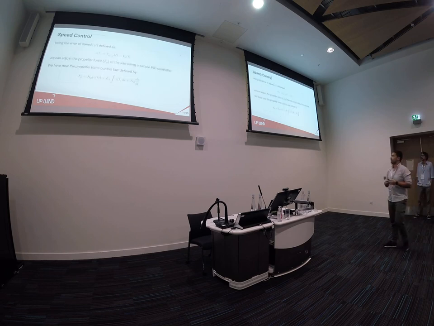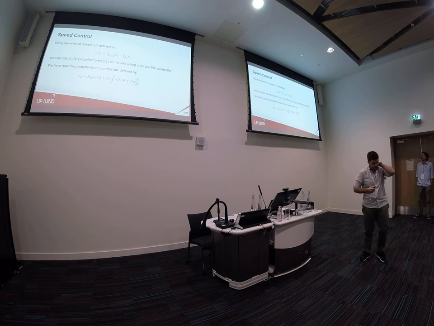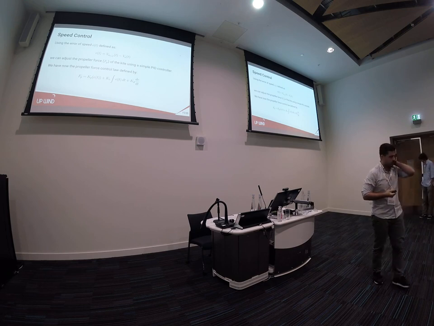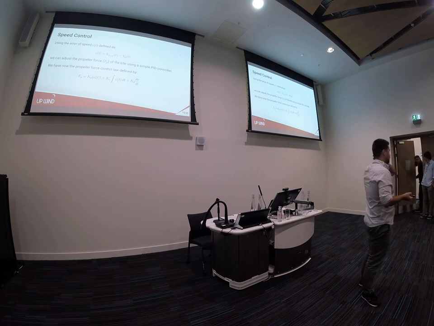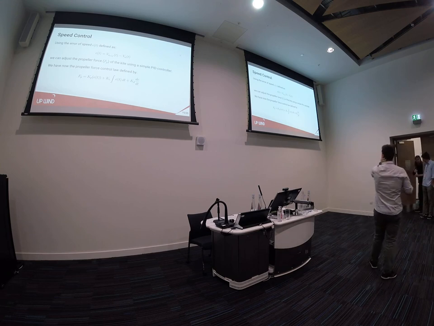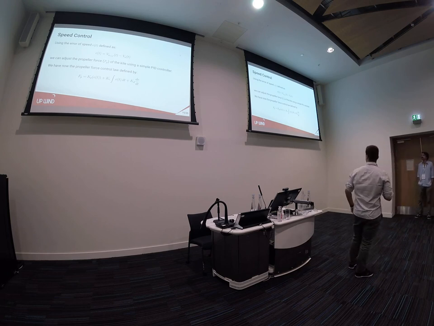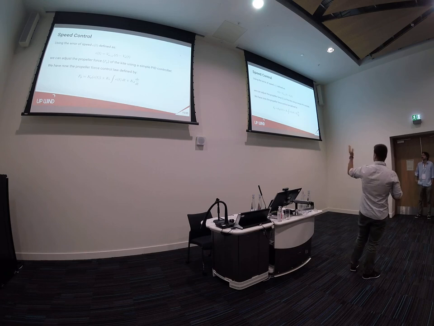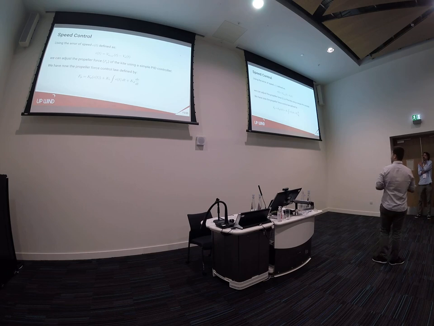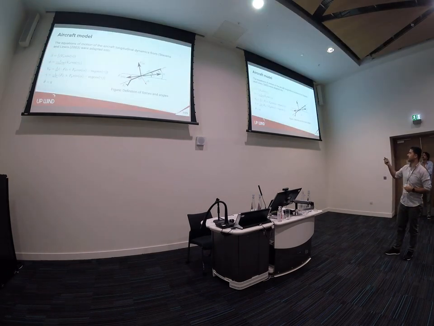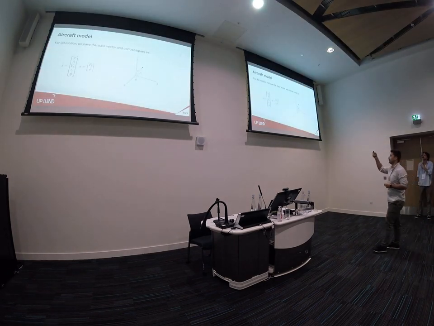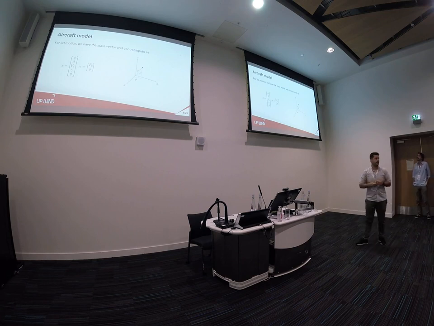For the speed control we use a simple PID controller to control the velocity of the kite by computing the error of the speed and then applying a simple PID controller to adjust the propeller force of the kite. I forgot to mention, we have as control inputs, at this stage, the propeller force and the pitch rate.